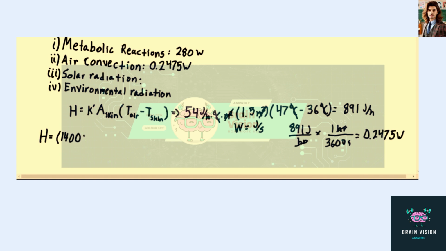This is also known as the solar constant, 1400 watts per meter squared, times the area of the person's exposed skin, 1.5 meters squared. We multiply that out, we get a value of 2100 watts for the heat energy coming from the sun.